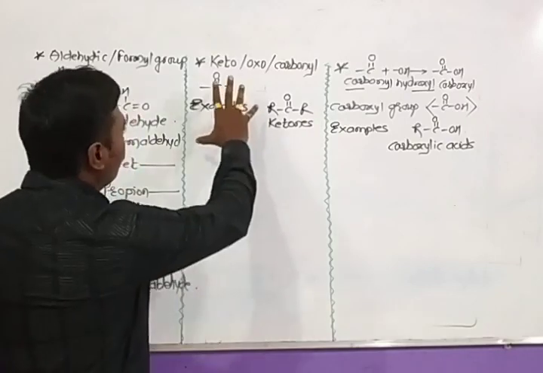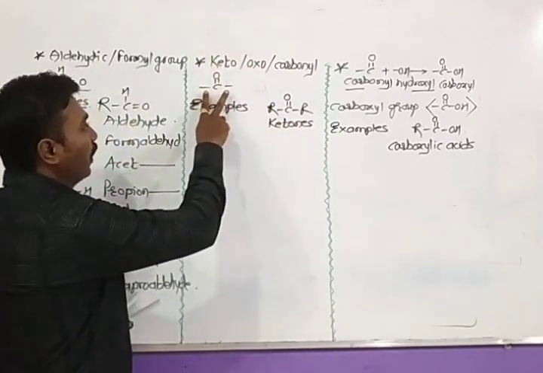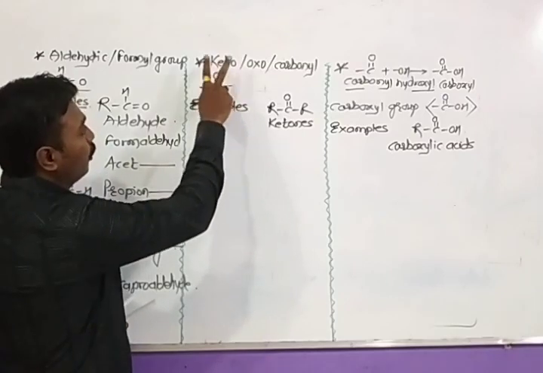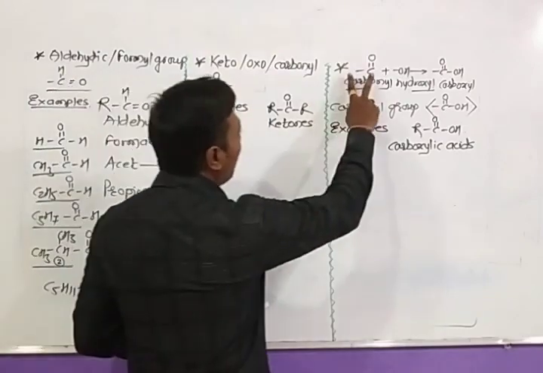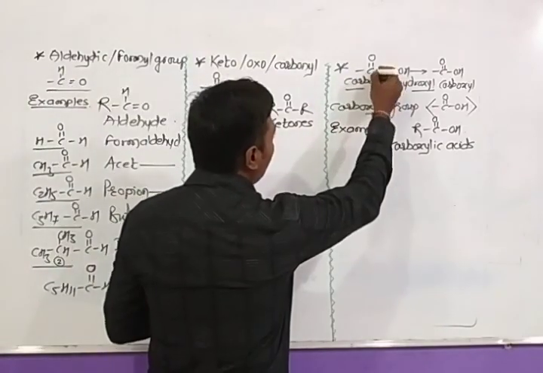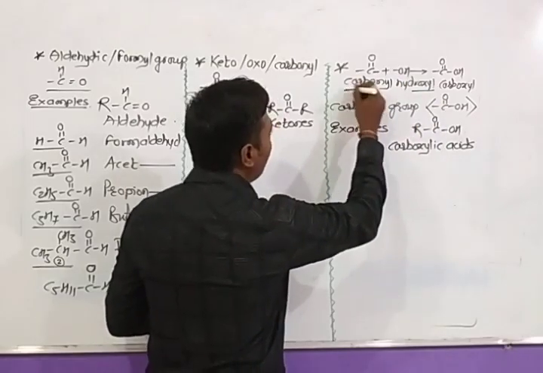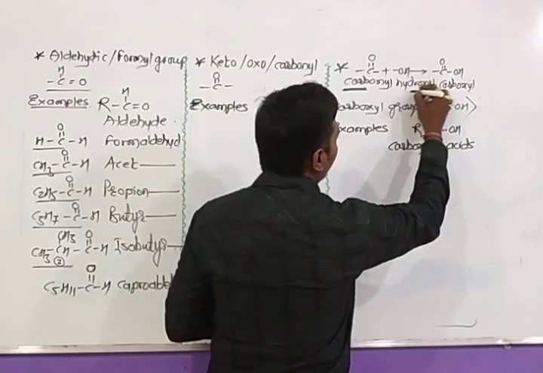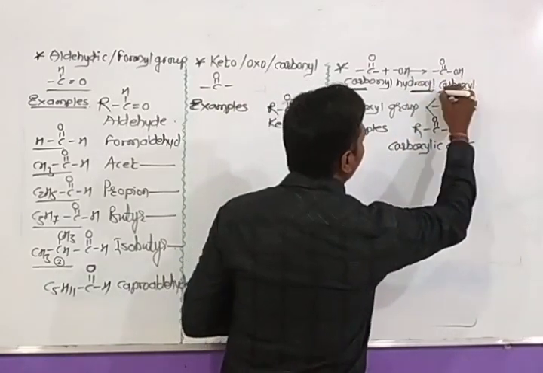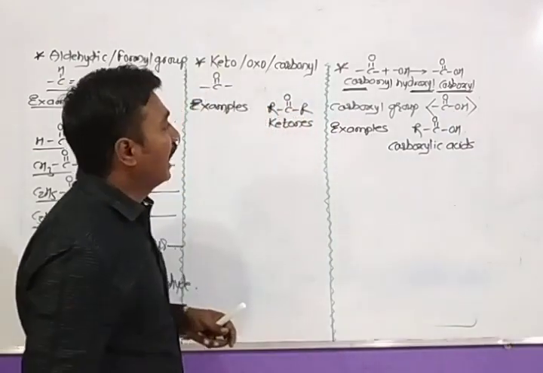Now, before going to discuss ketones, we consider the ketonic functional group. This is the ketonic functional group, keto or oxo or carbonyl group. When the carbonyl group or keto group combines with a hydroxyl group, we take carb from carbonyl and oxyl from hydroxyl. Therefore, the newly formed group is the carboxyl group.